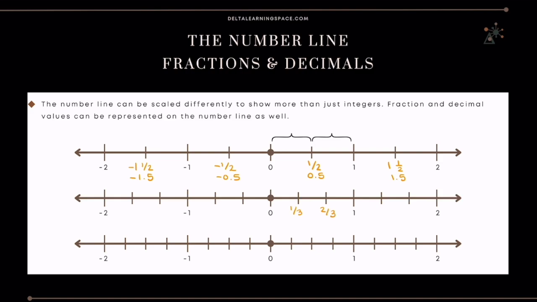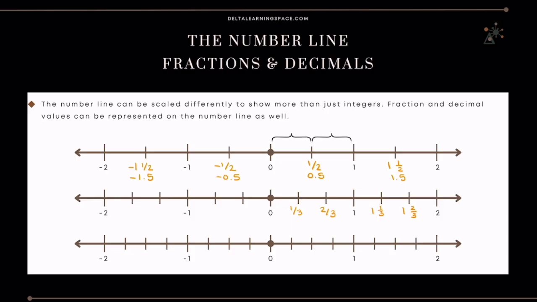If we're doubtful why these two tick marks represent thirds, it's because I'll have 1/3, 2/3, and another way that I can write 1 is 3/3. And so now I have my 3 parts to make up that whole. If I continue, I will be at 1 and 1/3 and 1 and 2/3.